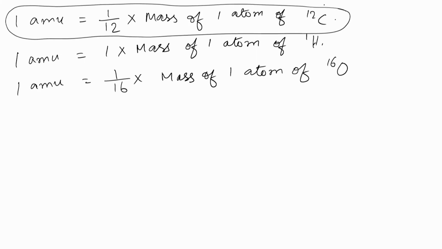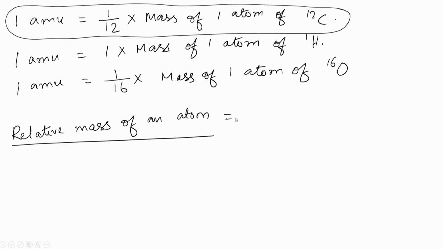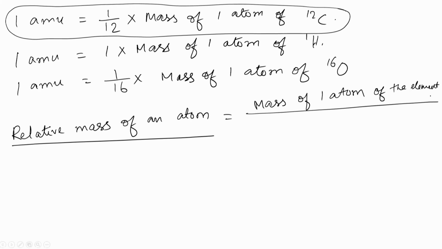So, the relative mass of an atom is equal to the mass of one atom of the element which is to be considered, divided by 1/12 of the mass of carbon-12.